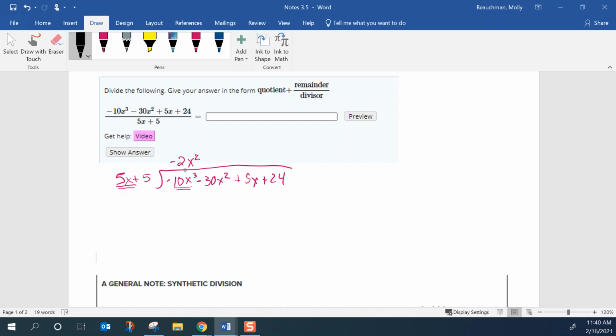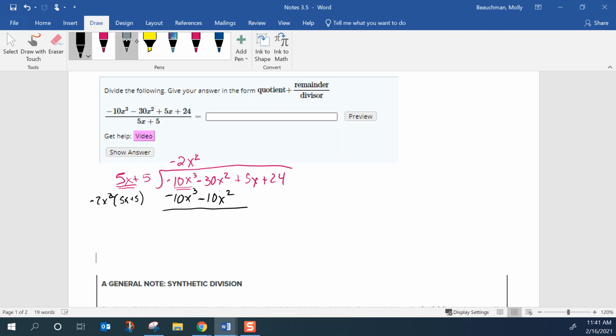Then we take the negative 2x squared, multiply it by our divisor, and write it underneath. We get negative 10x cubed. Negative 2x squared times 5 is negative 10x squared.